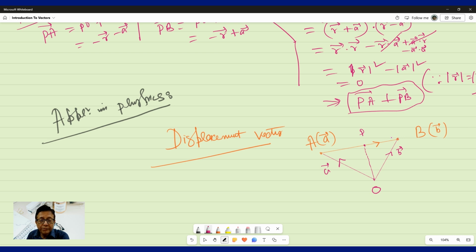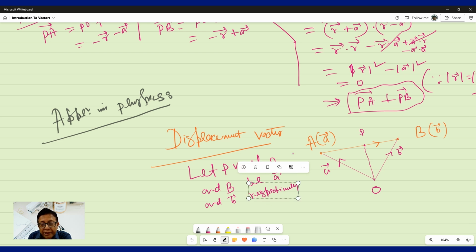So let position vectors of A and B be A vector and B vector respectively.